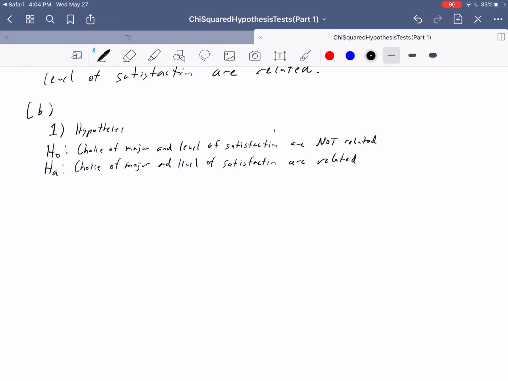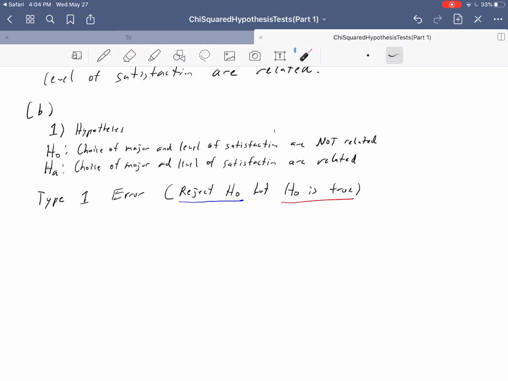So let's think about what a type 1 error would look like here. A type 1 error, as we know, is where we reject H0, but H0 is true. So as always, when we're writing these, let's try to say each part separately. Rejecting H0 in this case would be throwing this out and saying that these things are related.